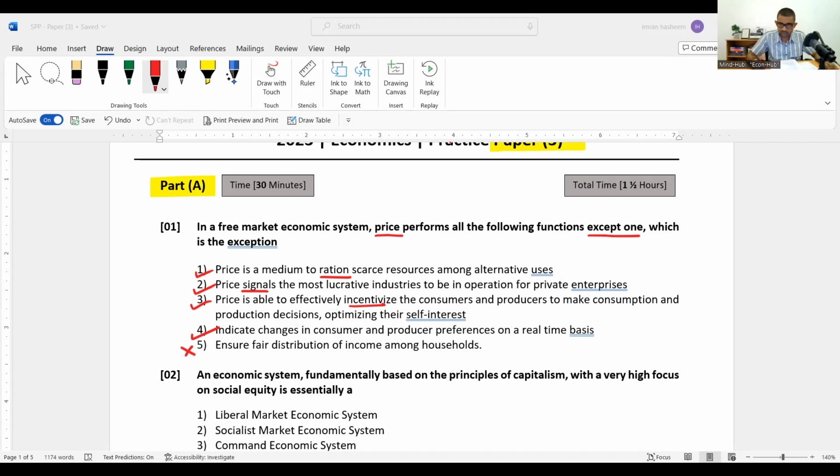Either the demand has changed, indicating the preferences of consumers have changed, or supply has changed, indicating the preferences of producers have changed. So markets are very live, and prices keep changing. That is one of the amazing things about the price mechanism. Price always keeps updating itself based on demand and supply on a real-time basis. I hope that is clear.